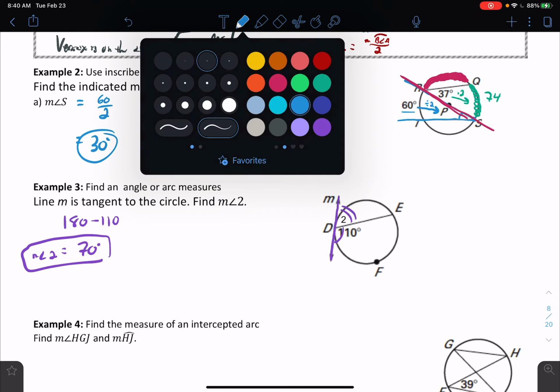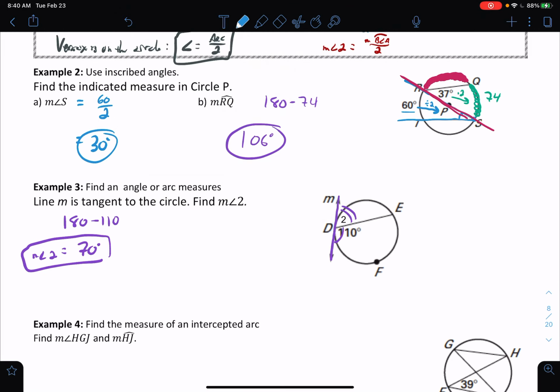What if we wanted to use this new idea of intercepted arcs and inscribed angles? The 110 degree angle is an inscribed angle because the vertex is on the circle. If I extend its chords out, it captures this arc right here. So the measure of arc DFE is 220 degrees, because I can multiply that inscribed angle by 2.